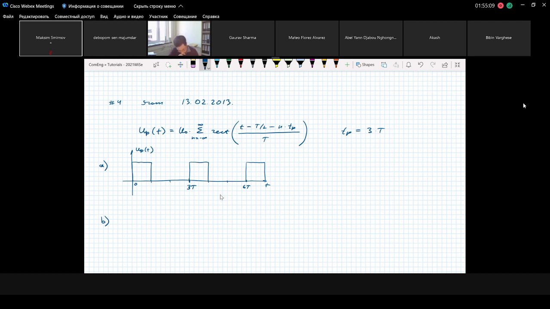What was the amplitude? Amplitude was U0 for each pulse. And we need to find UP1 and UP2. So how can we find the first moment?